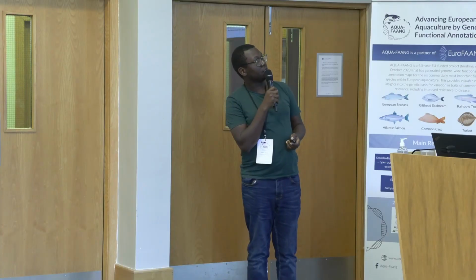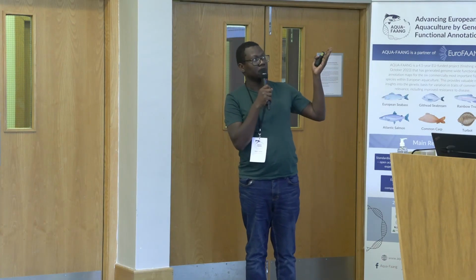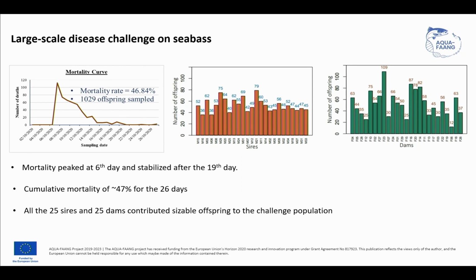So a little bit of the results. From the challenge study, we saw that it worked quite well, and around the 4th or the 6th day of the challenge, we had a maximum mortality, and then it dropped.